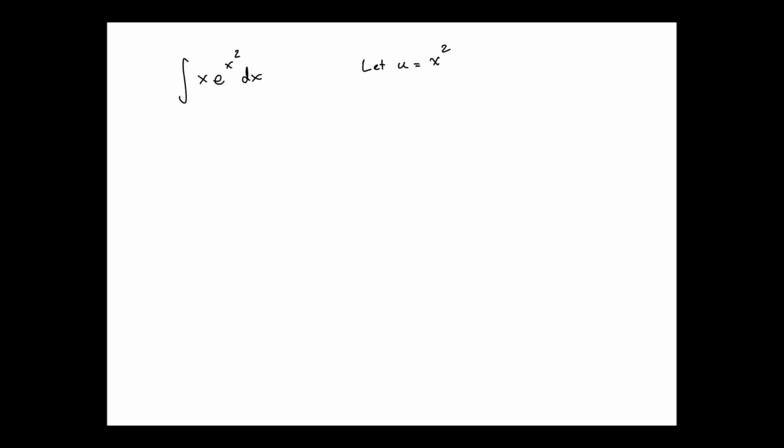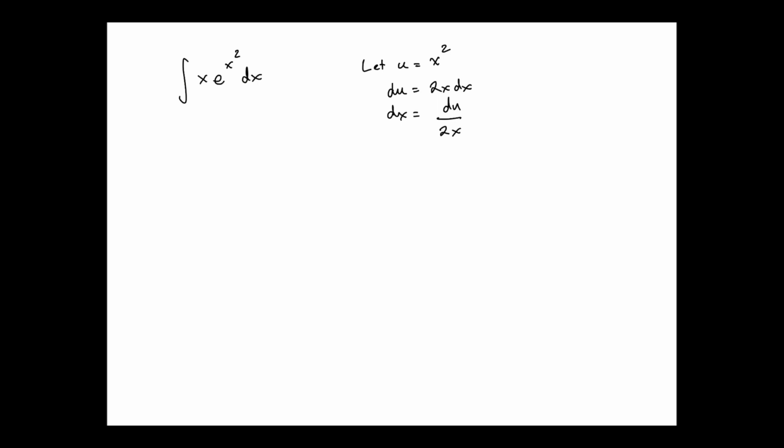Okay, and the reason is, what's the derivative of u? Okay, and therefore the differential of u is just 2x dx. Okay, I'll just do that in one step. Okay, is that okay? So can I solve this equation for dx in terms of du? It's du over 2x, right?